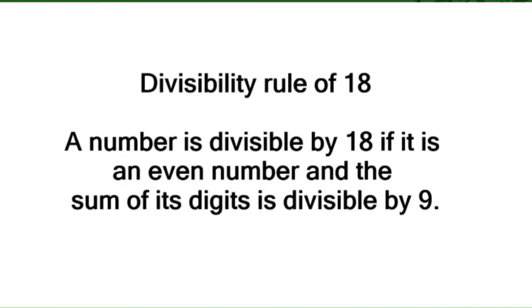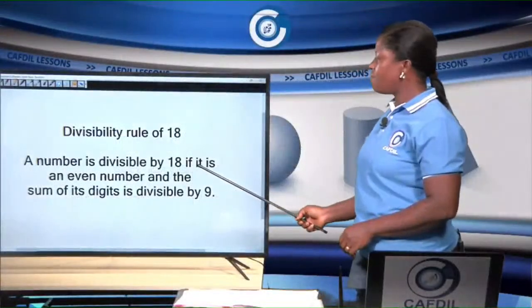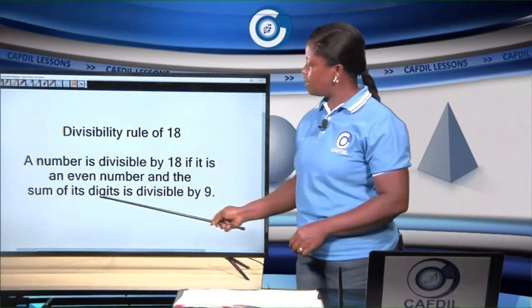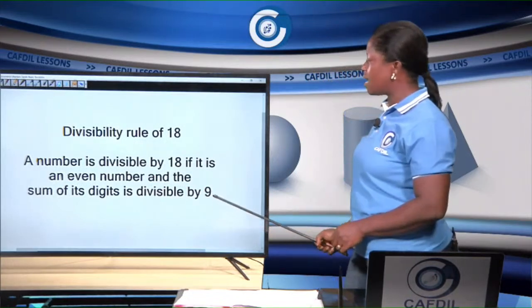Now, what does it say? It says a number is divisible by 18 if it is an even number and the sum of its digits is divisible by 9.